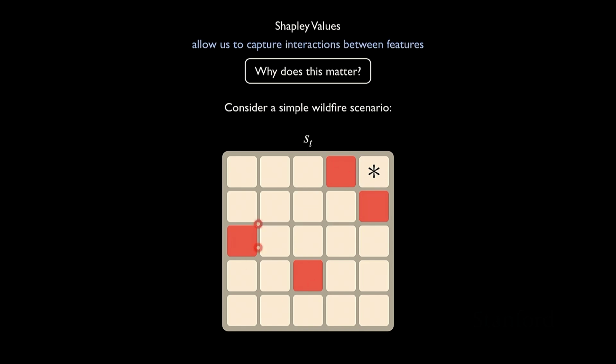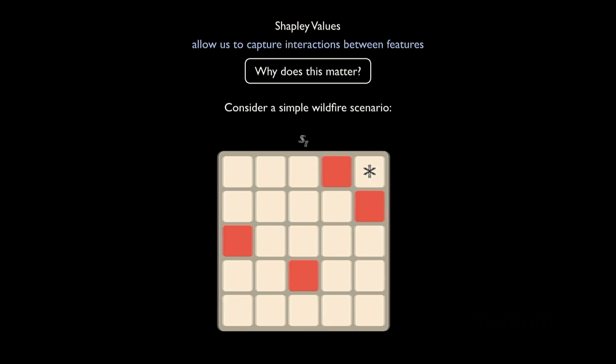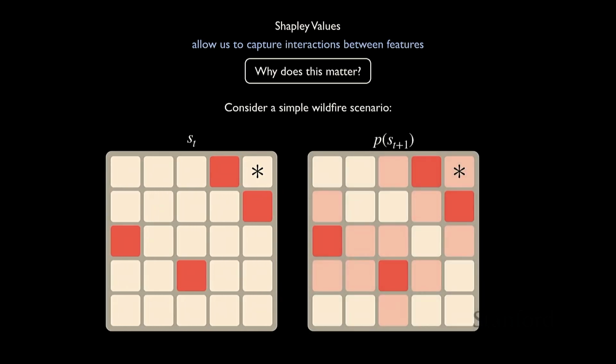So this is our current state. We're going to represent a state as just which cells are burning and which are not burning. Then we're going to have a very simple version of dynamics for this problem, where the probability that a cell is burning at the next time step is 1 if it was burning at the previous time step, so we'll just assume it's going to stay burning.